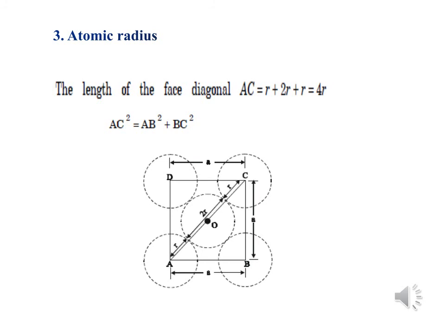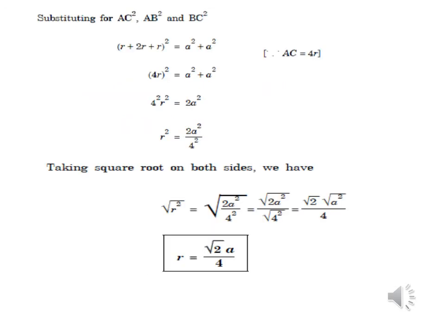Consider the triangle ABC. The face diagonal is 4R. AC squared equal to AB squared plus BC squared. Then substituting for AC squared, AB squared and BC squared from the figure, we have AC squared value (R plus 2R plus R) whole squared equal to a squared plus a squared.